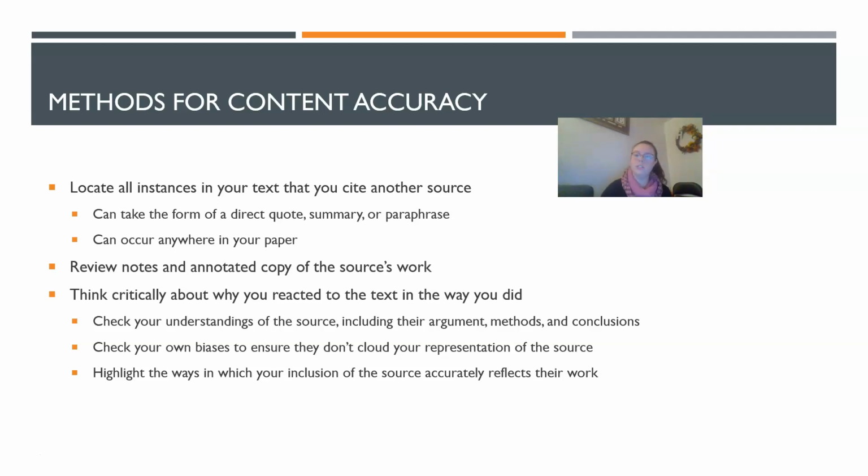Then once you've identified all of those sources, you'll want to go back and review your notes and annotate a copy of the source's work. Remember that when we discuss reading academic works, reading academic works successfully is predicated on critical active reading.